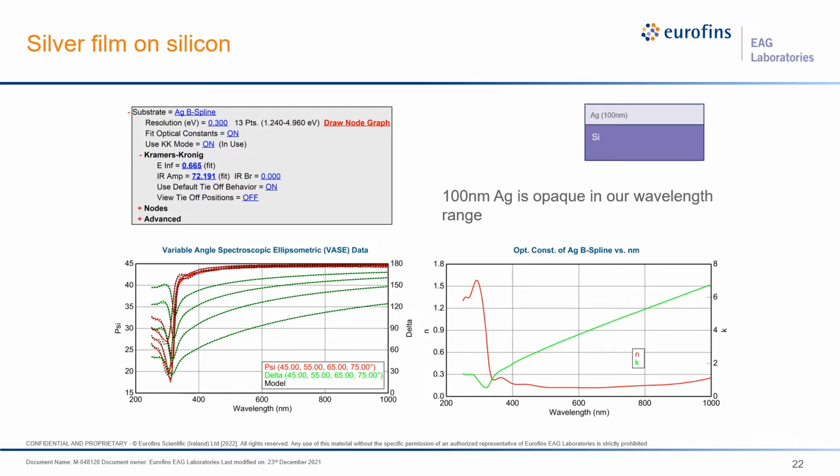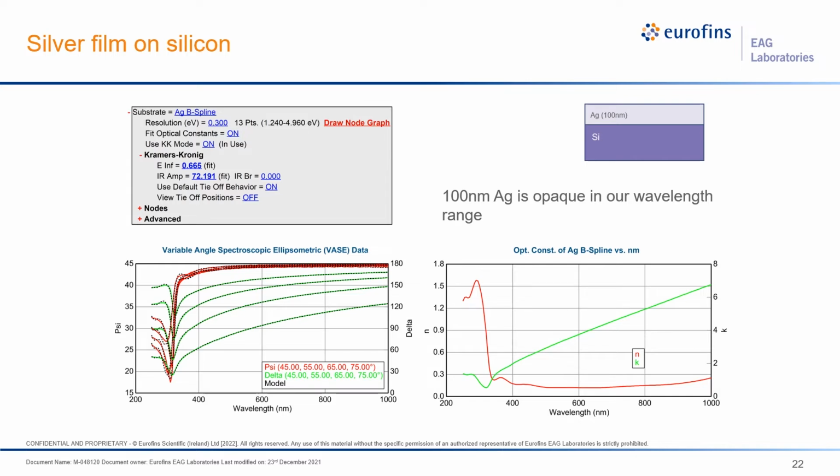For transparent layers, as we have seen in the previous example, the information depth of ellipsometry is much larger, reaching 10 to 20 micrometers. In this case, we will have to settle for the determination of the optical constants only. The measured psi and delta are again shown on the left-hand side of the slide.